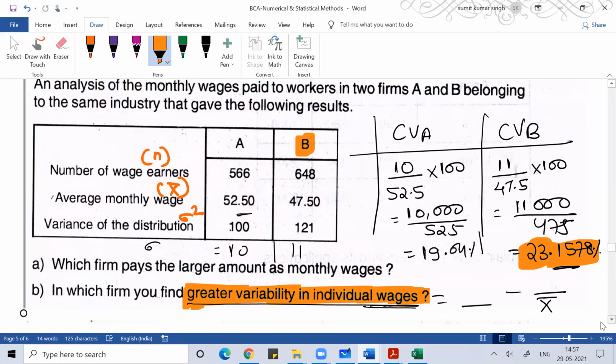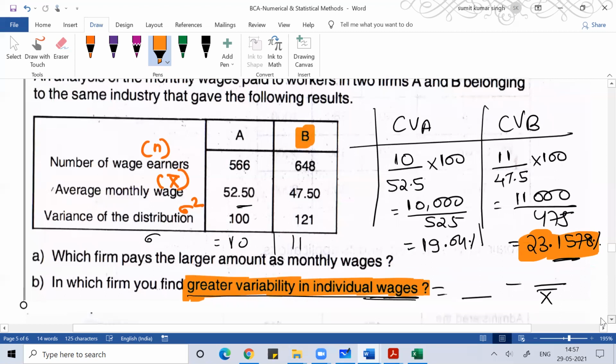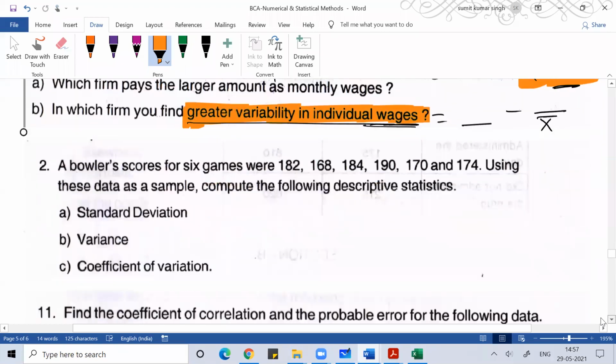If you get a question that asks about stability, whichever firm has the lesser coefficient of variation will have more stability in the individual wage. So out of A and B, the firm with more stability is firm A, and the firm with more variability is firm B. I hope you understood this.